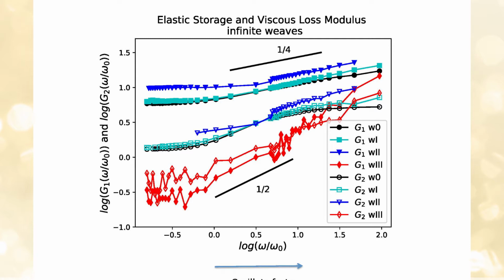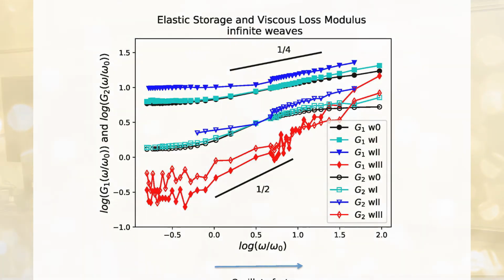And this is something that is expected for cross-linked polymers. What are cross-linked polymers? Polymers that cannot change their conformations because their entanglements are actually links, so they cannot slide through each other. They are really bonded. And ours, since they are infinite, it is as if they are bonded to infinity, to something, okay? So this is something that we could expect, and the exponents are similar to what we would expect for such systems.